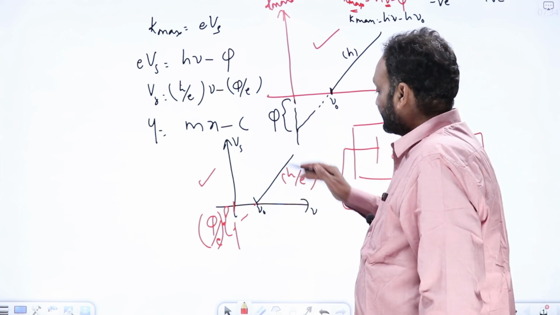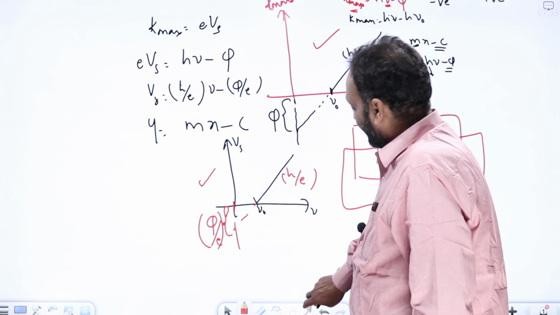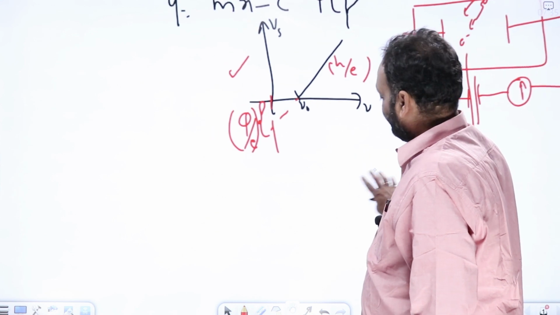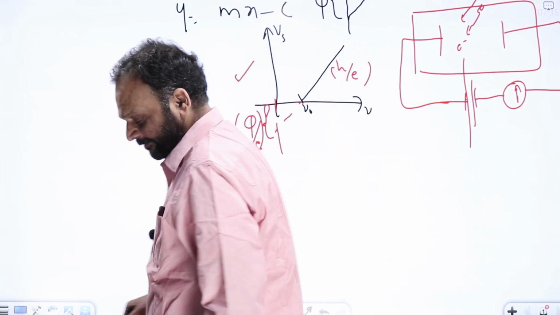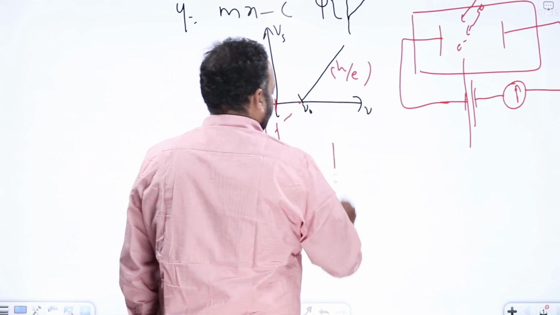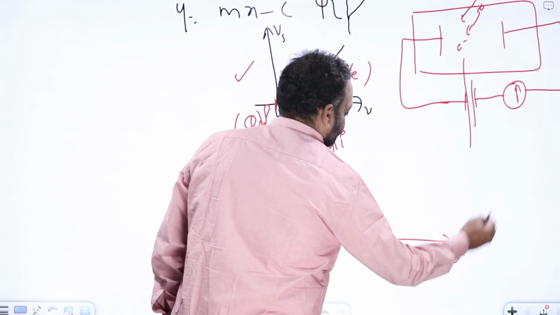Okay, so this is another graph. Now we can draw a slightly different graph, not usually shown in many books also. We can draw photoelectric current versus frequency.